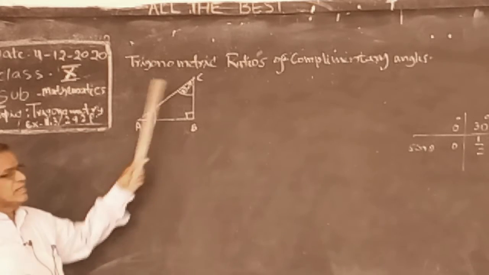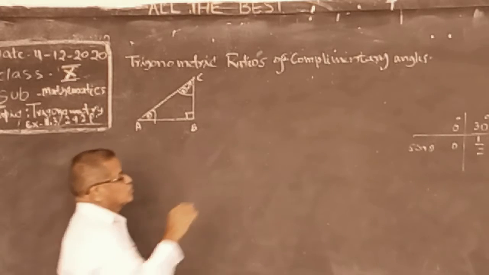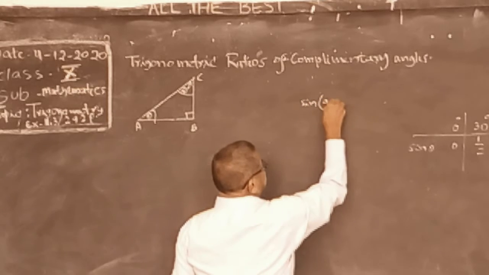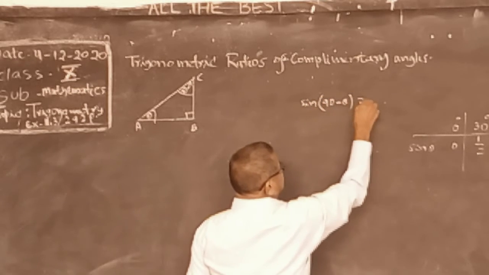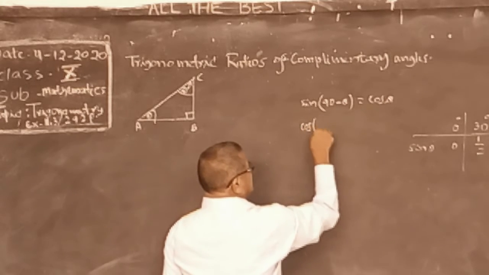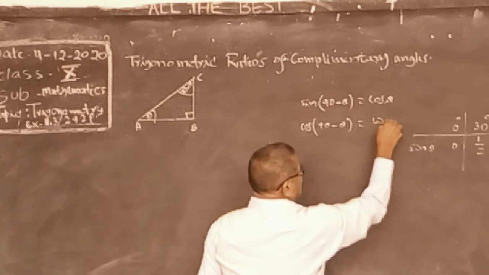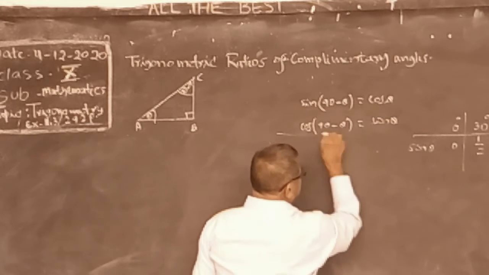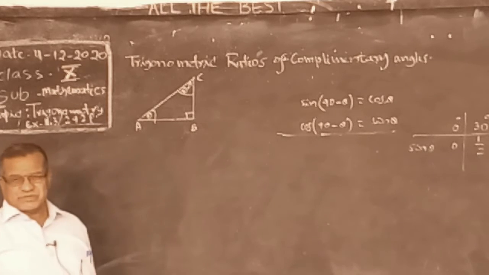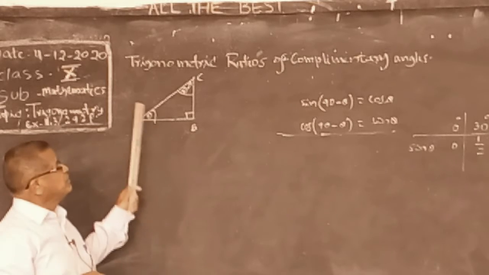So let us write the values. Here we have to prove sin 90 minus theta is cos theta, and cos 90 minus theta is sin theta. We have a relation between sin theta and cos theta, co-angle, complementary angle.